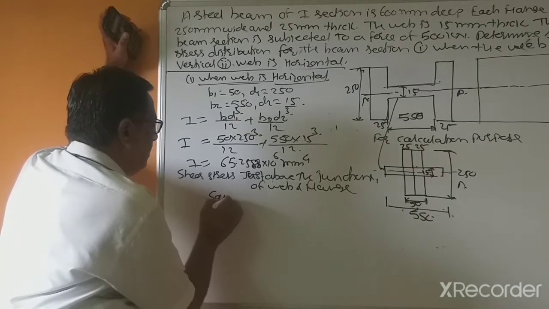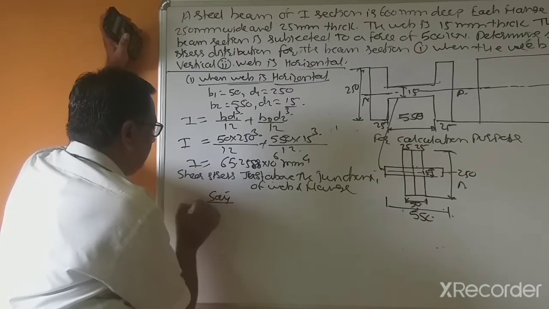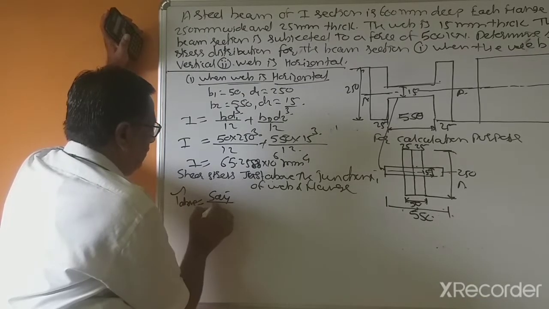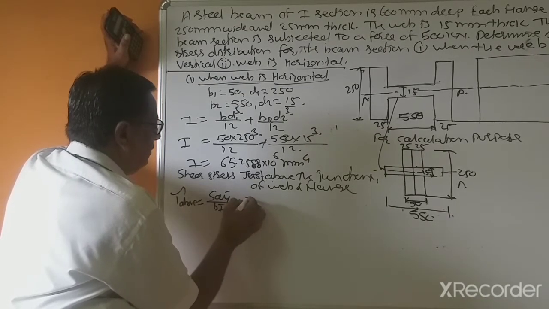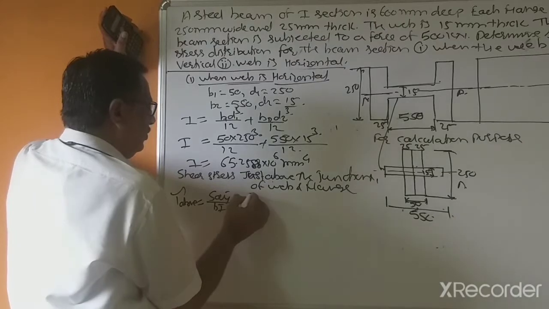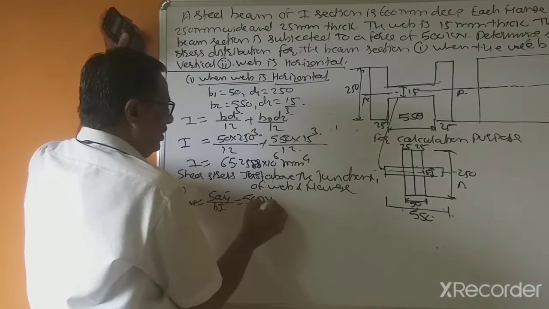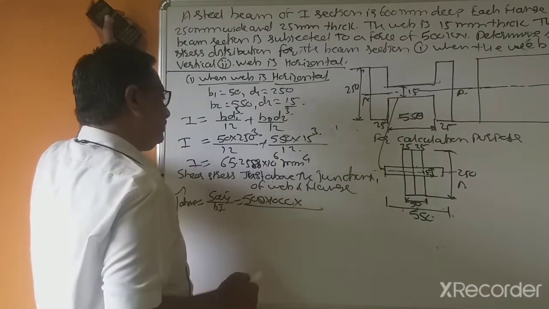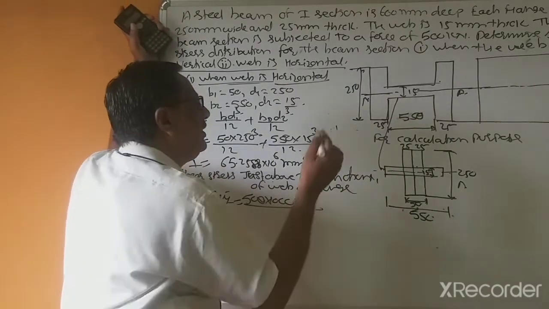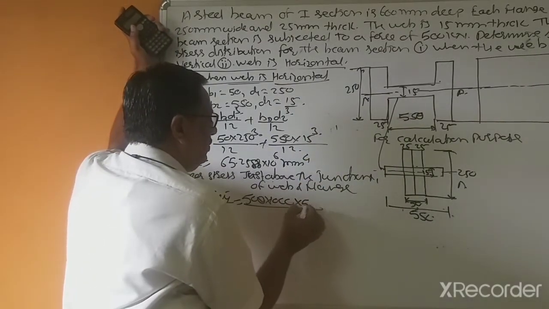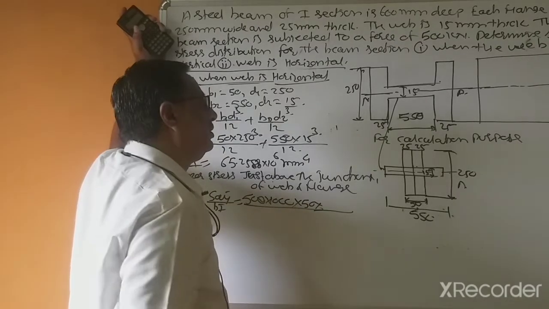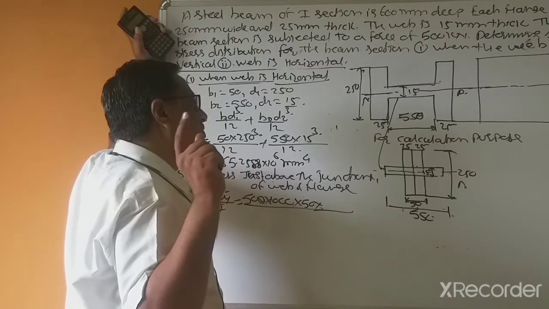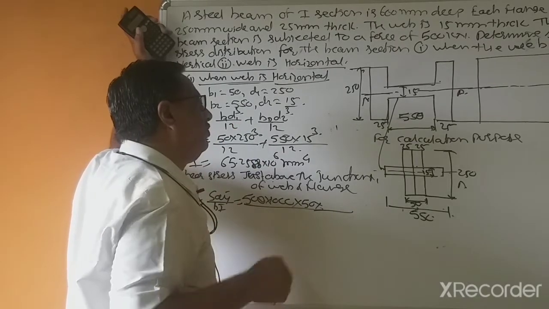Yes, A Y bar by B I, equal to again 500 into 1000, A Y bar. A Y bar area 50 into total 250. So that's why remaining 125.